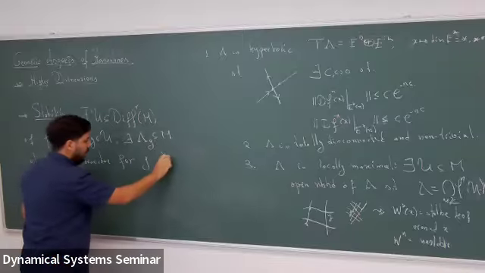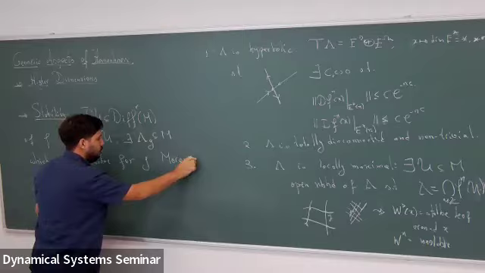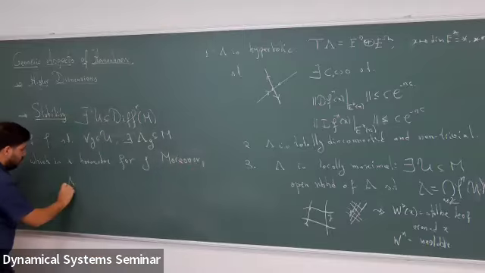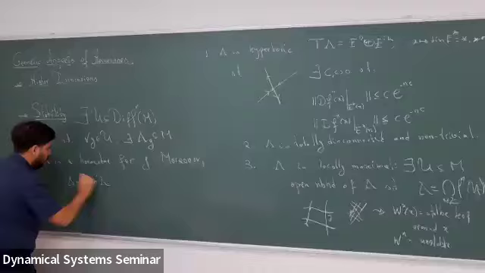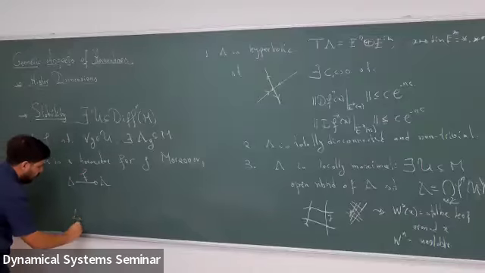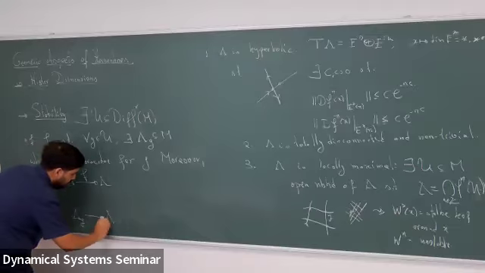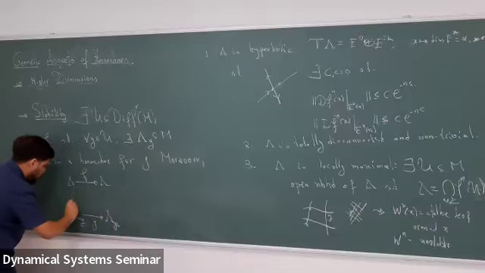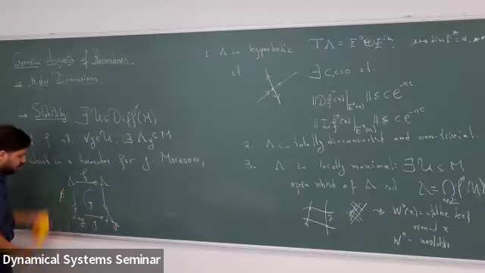Moreover, they have the same dynamics. Meaning that if you look at the dynamics restricted to the horseshoe of F and do the same for the horseshoe of G, what you see is a homeomorphism that makes this diagram commute.